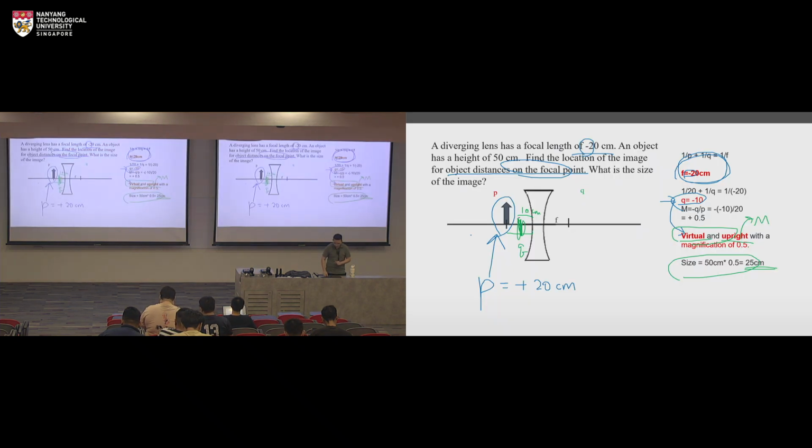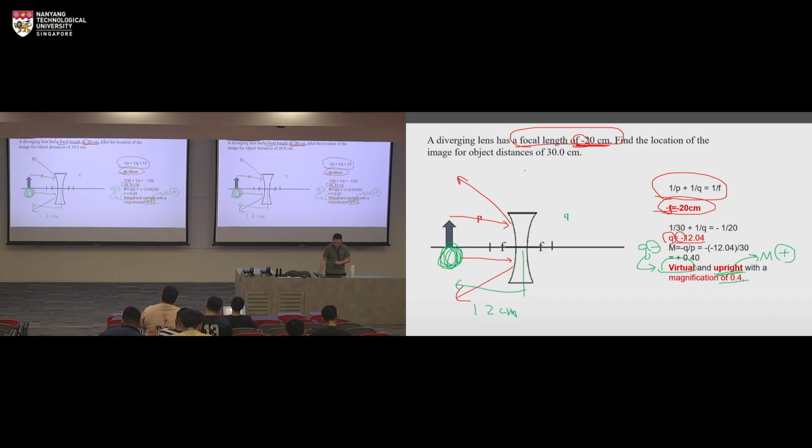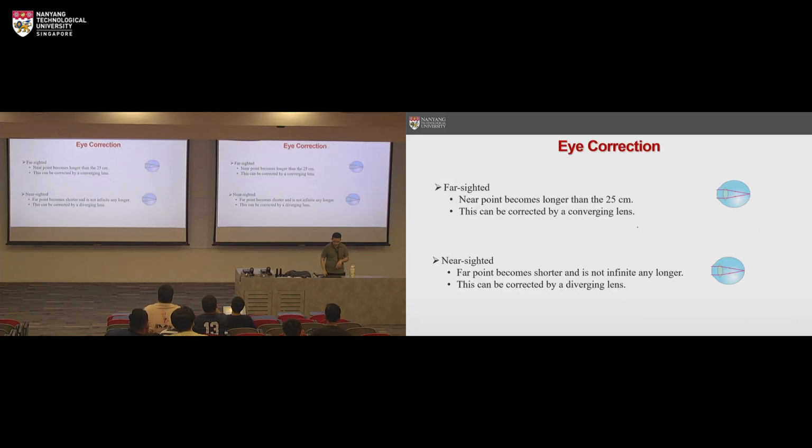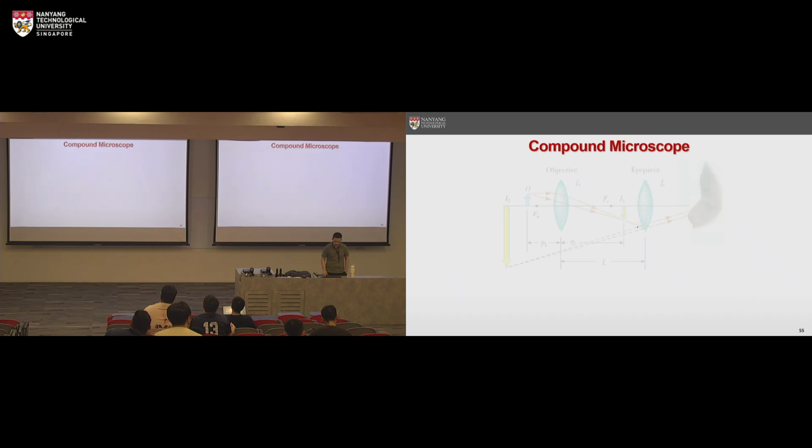So far, I believe you should be more or less very familiar with the thin lens equation, which is 1 over P plus 1 over Q equals 1 over F. If you look at most of the tutorial and exam questions, you actually don't really see a single element. You always see a compound. So we first go to the compound lens, which is easier.